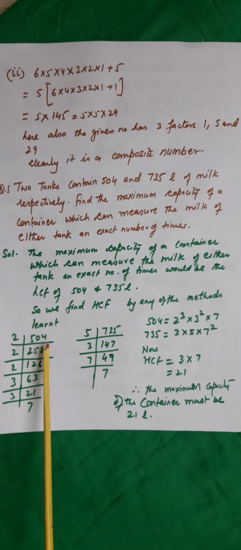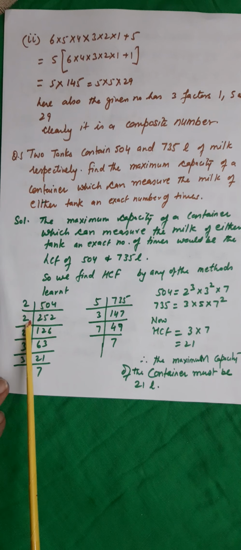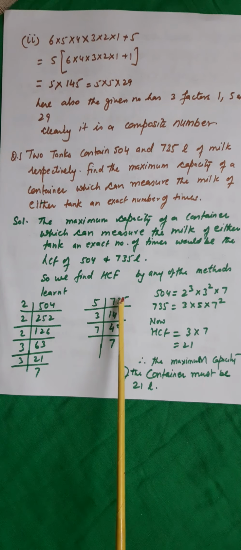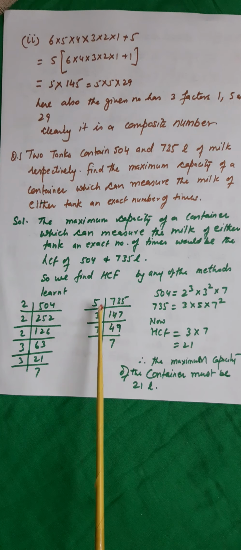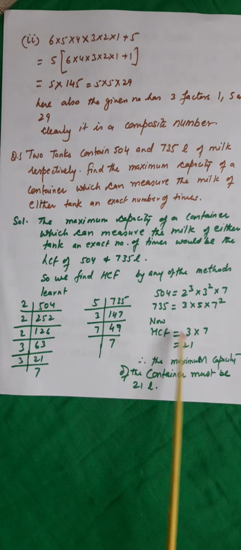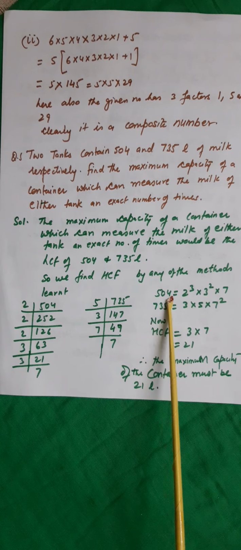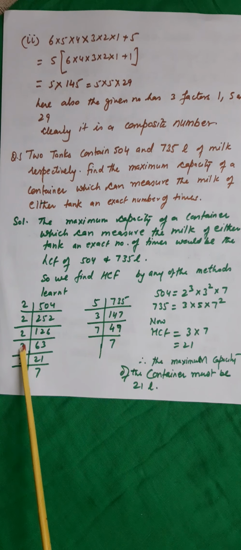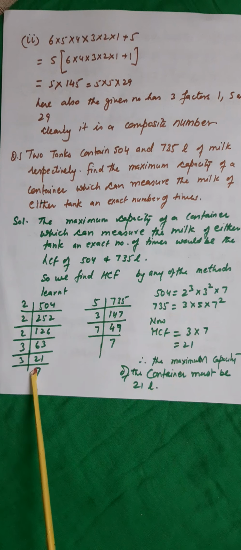So factors of 504 are 2, 2, 2, 3, 3 and 7. And similarly, when I factorize 735, I get the factors as 5, 3, 7 and 7. So I can write it like this. 504 is equal to 2 raised to the power 3 into 3 raised to the power 2 into 7.